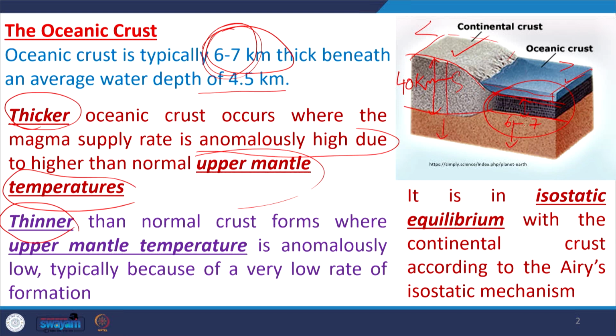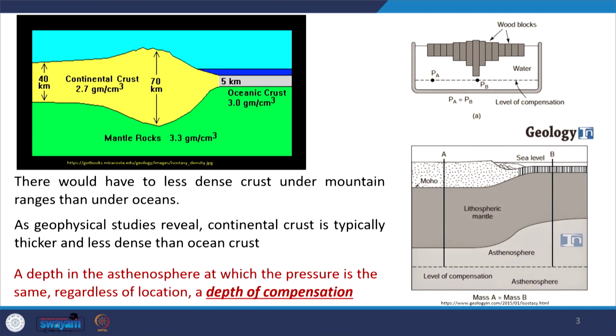The continental crust, being thick, is putting more pressure compared to the oceanic crust. That means the continental crust is putting more pressure, so the asthenosphere is pushed down compared to the asthenospheric situation below the oceanic crust. Being thick and thin, they are putting certain pressure here and here.